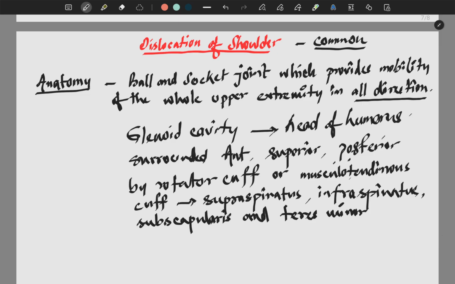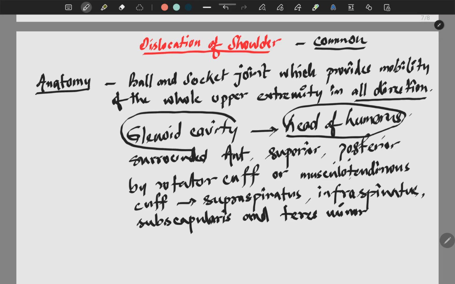These muscles, together with the bigger muscles such as the pectoralis and latissimus dorsi, also help to retain the head of the humerus in the socket, that is the glenoid cavity.